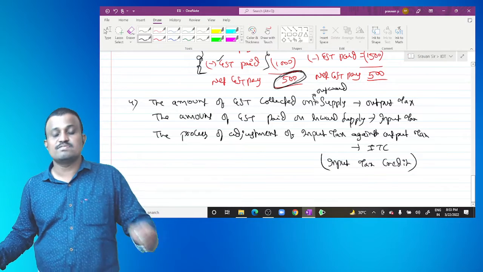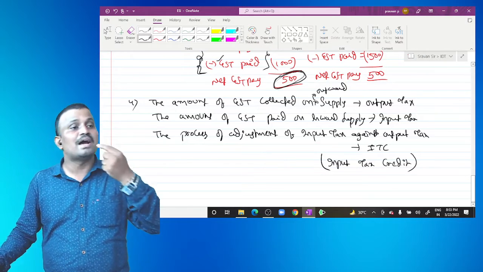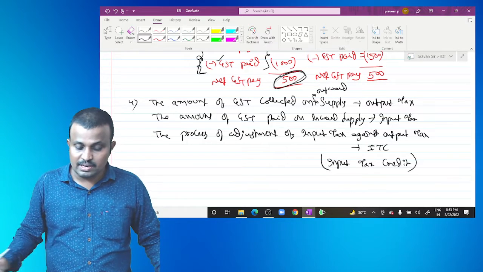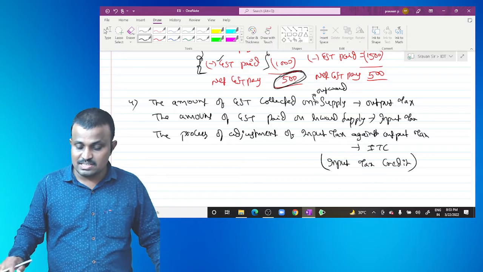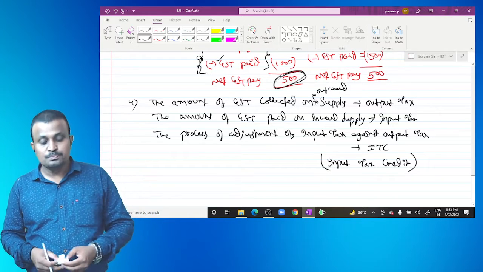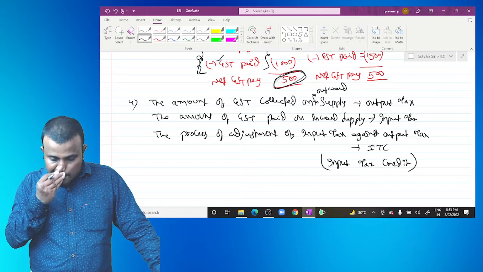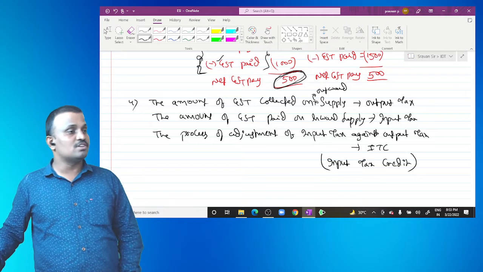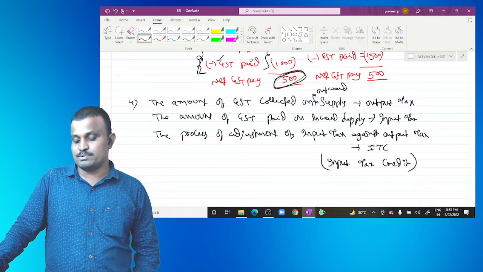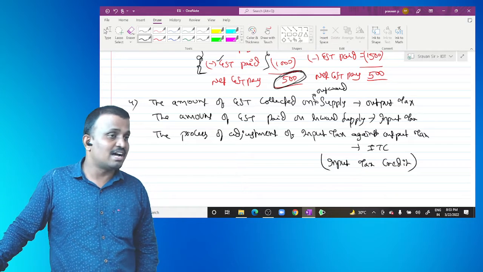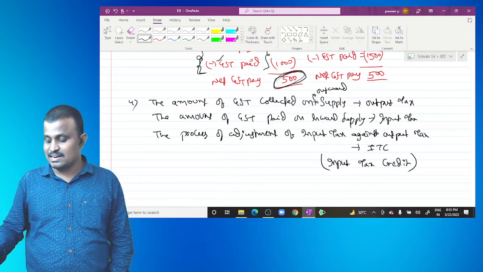This is the process we applied to eliminate the cascading effect. So the amount of GST collected on outward supply is called output tax, the amount of GST paid on inward supply is called input tax, and the process of adjustment of input tax against output tax is called ITC, input tax credit.